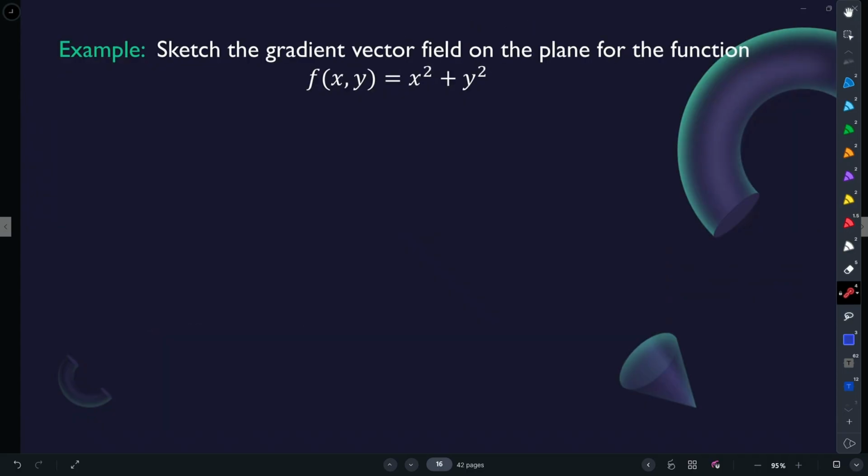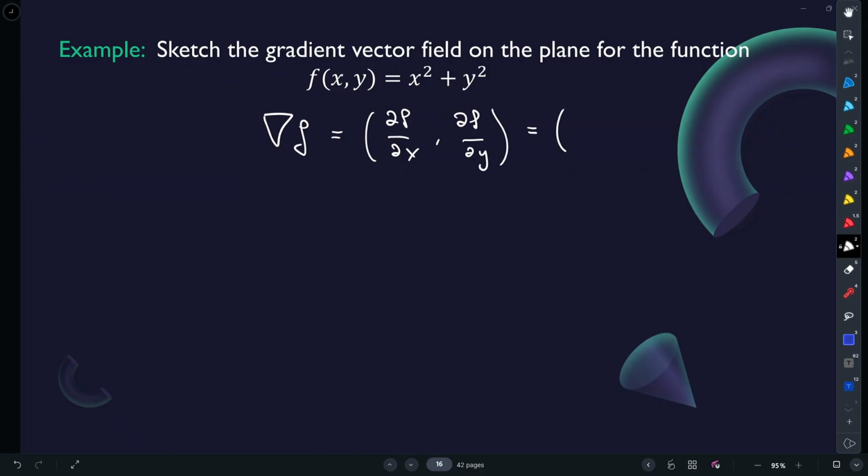So let's do an example. So I sketch the gradient vector field on the plane for this function. First of all, what is the gradient vector field? It will be the derivative of f with respect to x, comma, the derivative of f with respect to y. The derivative of f with respect to x is 2x, and with respect to y is 2y.